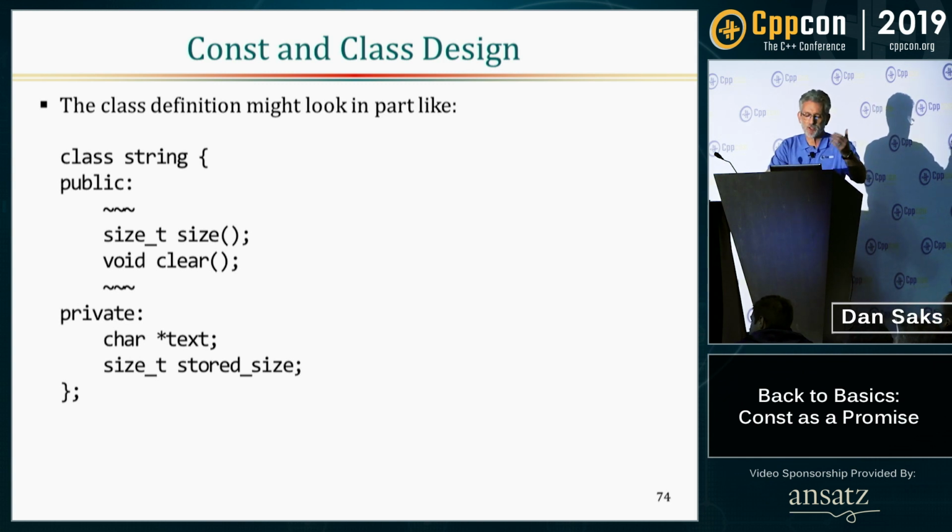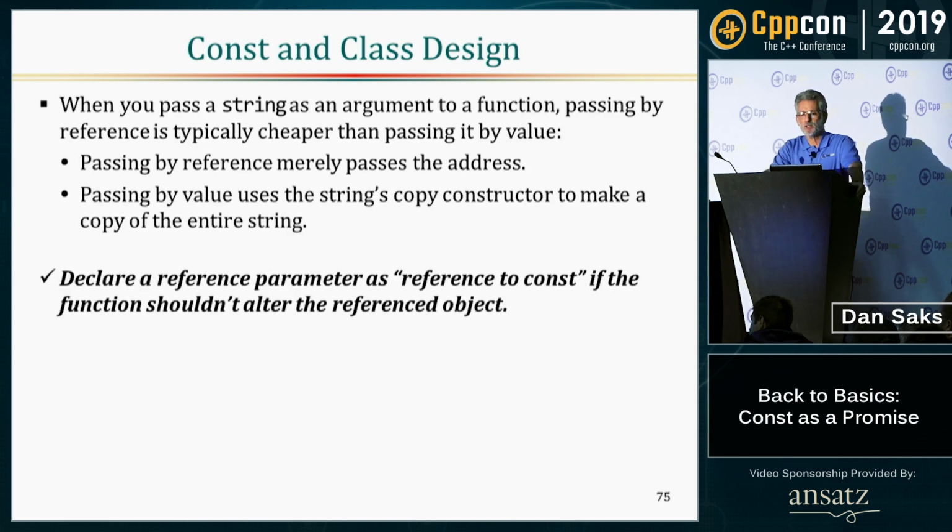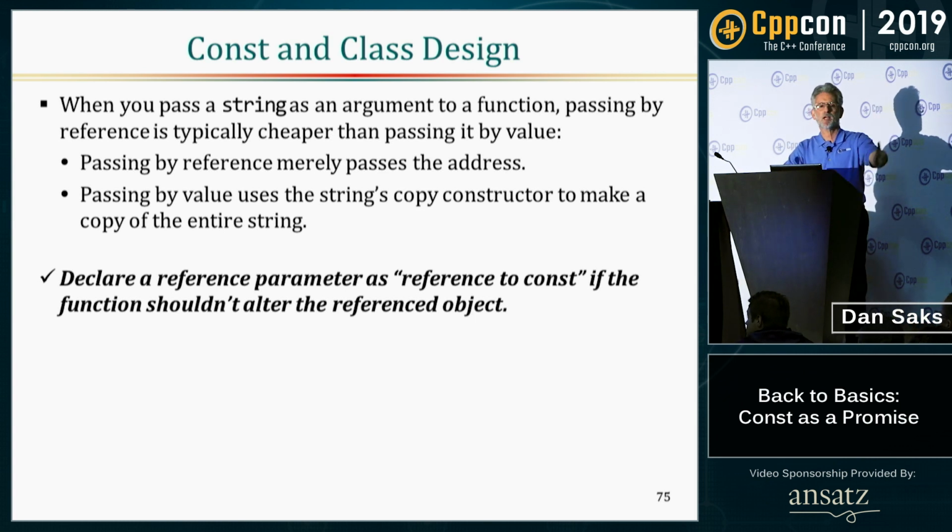And you have some member functions like size, which is how you ask how many characters are currently there, and there's a member function clear, which will erase the contents of a string. Now, it's very typical that you pass string objects by reference to const rather than by value, because passing a string by value invokes the copy constructor and makes a copy of the entire string.